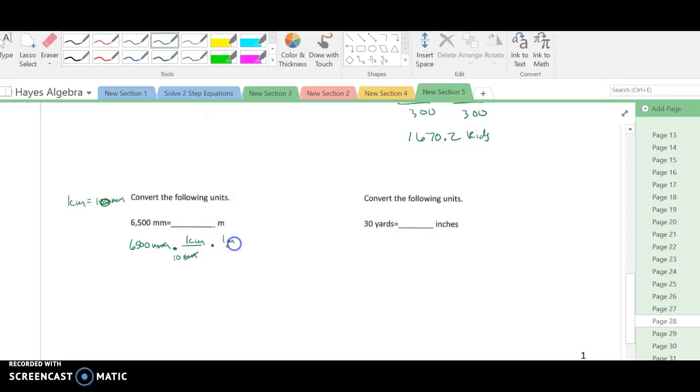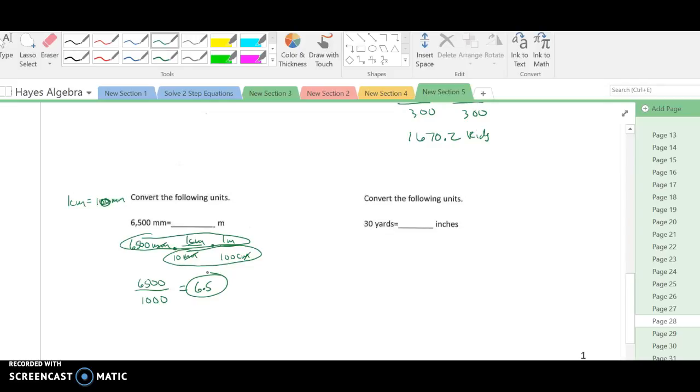So we have 1 meter is equivalent to 100 centimeters. And if I look, centimeters cancel out. And now I multiply across the top to get 6,500 divided by 10 times 100 is 1,000. And 6,500 divided by 1,000, right, is going to give you 6.5.